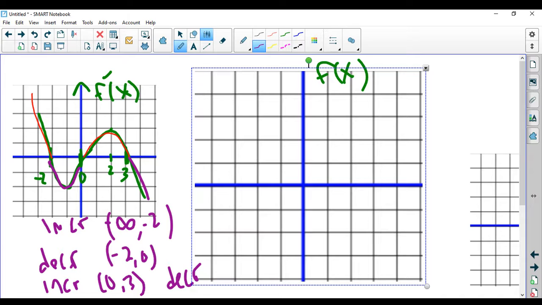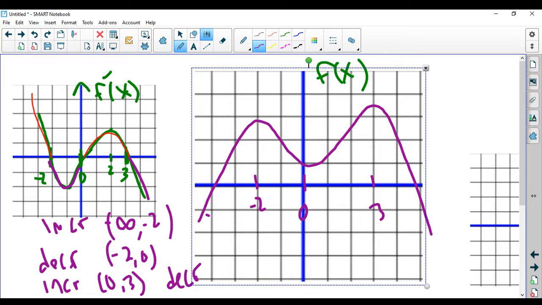So here's -2, here's 0, and here's 3. Those are the key points. Our graph is increasing from negative infinity to -2, then decreasing from -2 to 0, and then increasing from 0 to 3, and then decreasing afterwards.